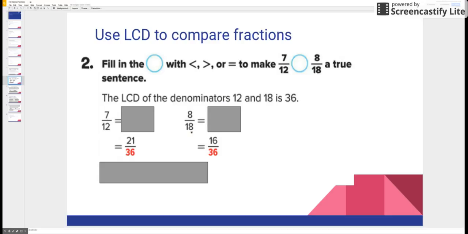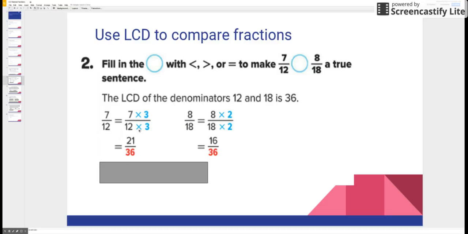I need to think of a number that's a multiple of both of these, in order to make equivalent fractions. So let's see, if I multiply the numerator and the denominator of the first fraction by 3, I end up getting 21/36. If I multiply the numerator and the denominator here by 2, I end up getting 16/36.